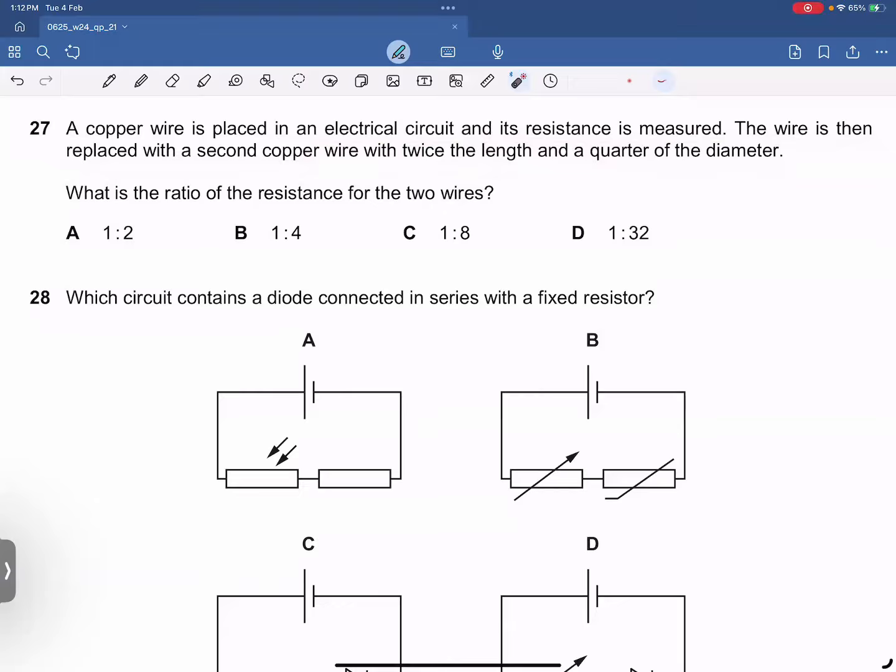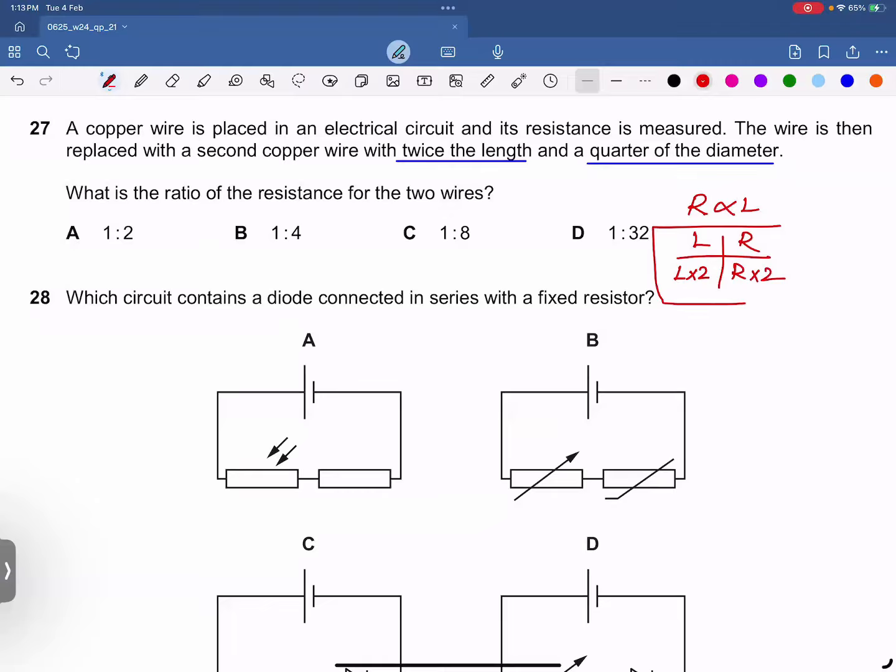Okay, so first of all, let's make the relationship of resistance with the length and with the diameter. We will make the table. Resistance is directly proportional to length. So if length is multiplied by 2, resistance will also be multiplied by 2.